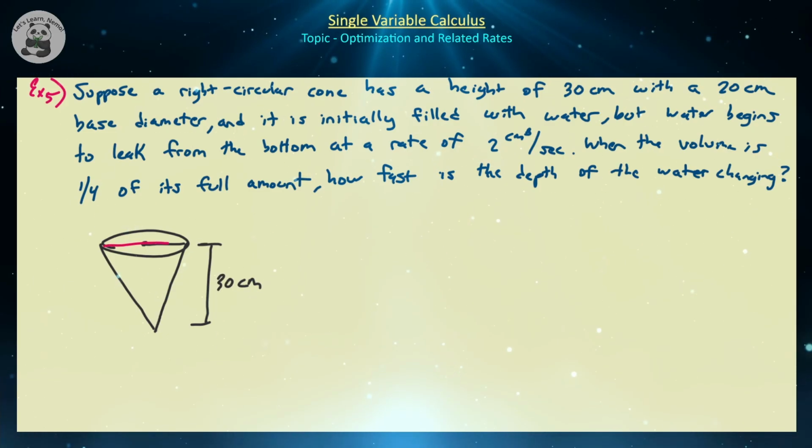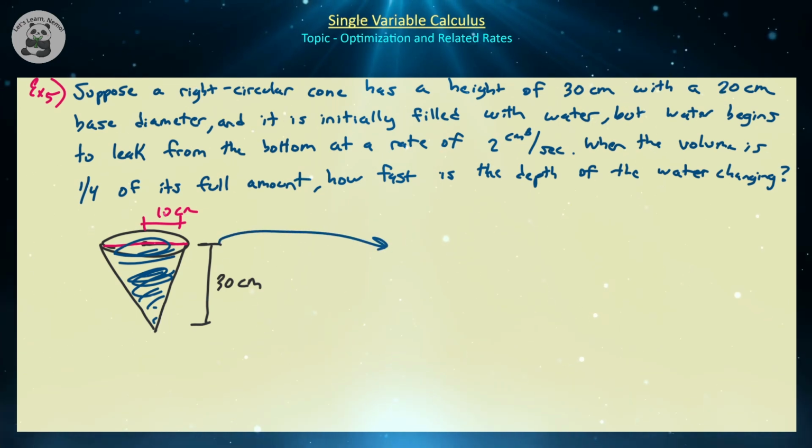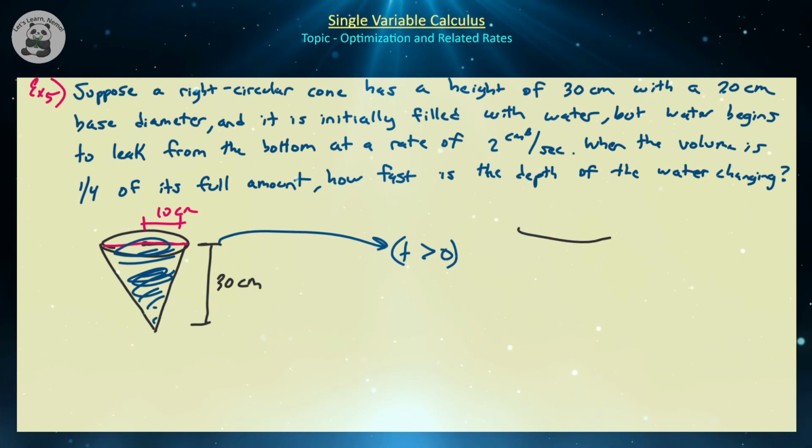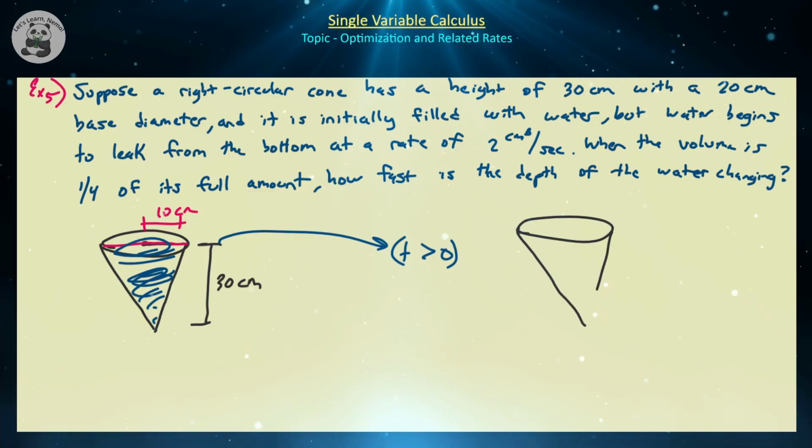and the base diameter is assumed to be 20, which means that the base radius is going to be equal to 10 centimeters, right? So obviously it's going to be initially full with water, right? But after some time, t, which is obviously greater than 0, we're going to have a cone that's going to look like this instead, right?